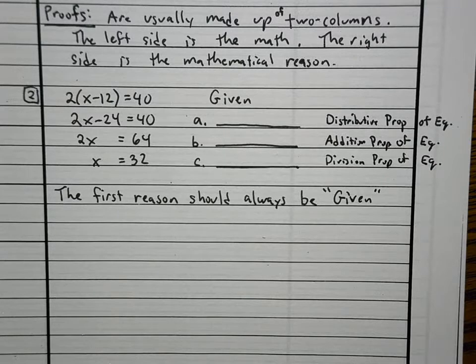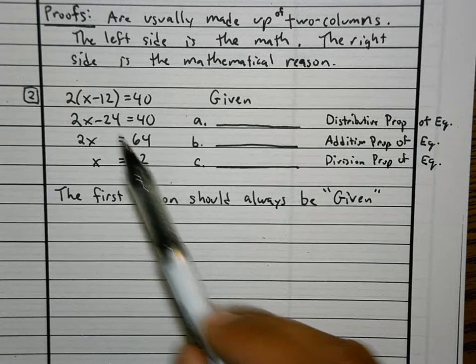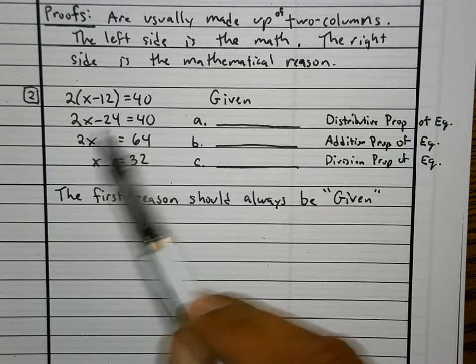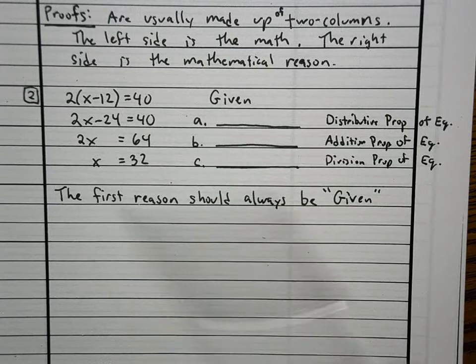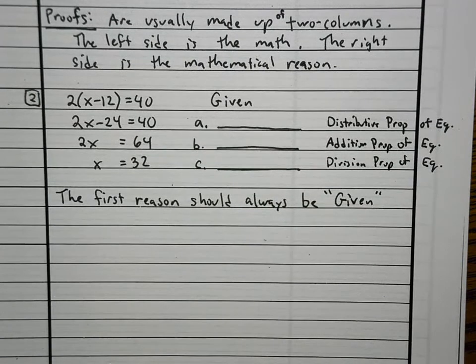Some problems, you're going to have a reason, and you're going to have to actually fill in the left side as well. And by the time you get to your chapter test, sometimes there's going to be a blank on the left side, and some reasons on the right side, and you're going to have to fill in blanks on both sides. Okay? That's as hard as it gets. So that's an example. That's what a two-column proof looks like.